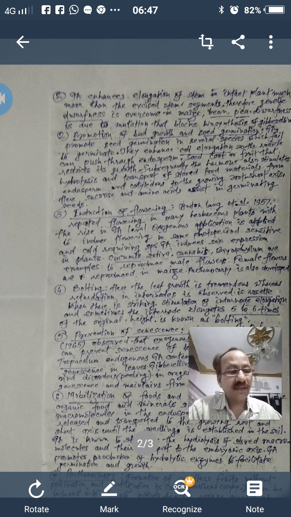Number 2, GA enhances the elongation of the stem in intact plants much more than in excised plant stem segments. Therefore, genetic dwarfness is overcome.